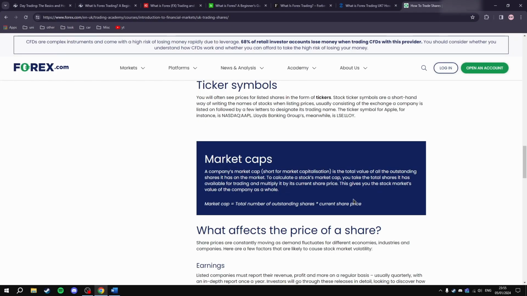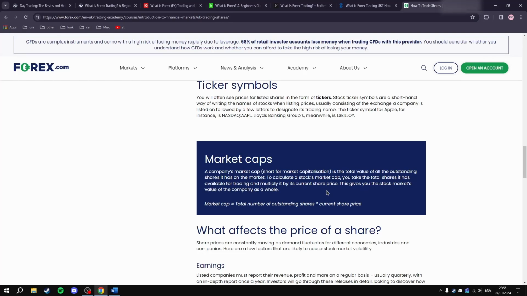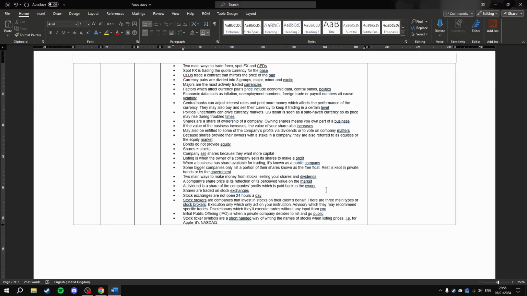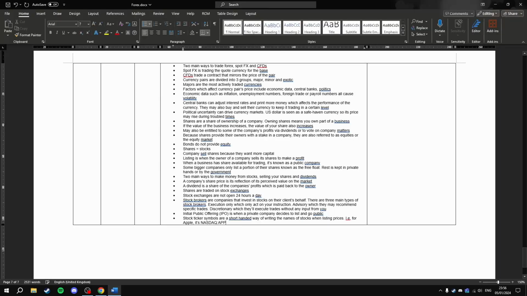Apple, for instance, is Nasdaq: AAPL, or Lloyds Bank, meanwhile, is LSE: LLOY. Because this is the exchange, the Nasdaq, and this is the London Stock Exchange, and then Apple, Lloyds. Right, okay. It's Nasdaq, AAPL.